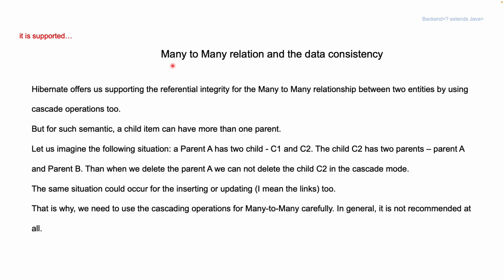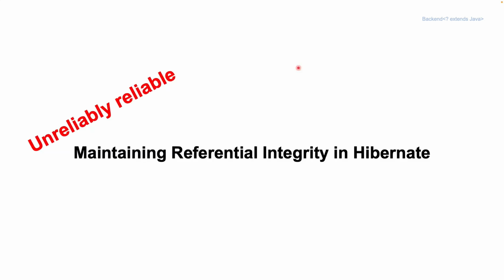And when we have a clear picture, then we can carefully use cascading operations. But in general, if we avoid it, it would be the best choice. It was all from my side regarding maintaining referential integrity in Hibernate.